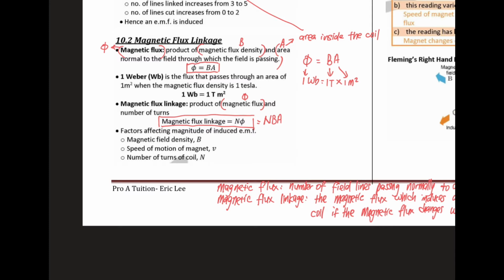Magnetic flux linkage is the one that generates current. So if the N is greater, then the EMF induced will be greater also. Okay, so these are the factors that affect the EMF induced. Now let's move on.